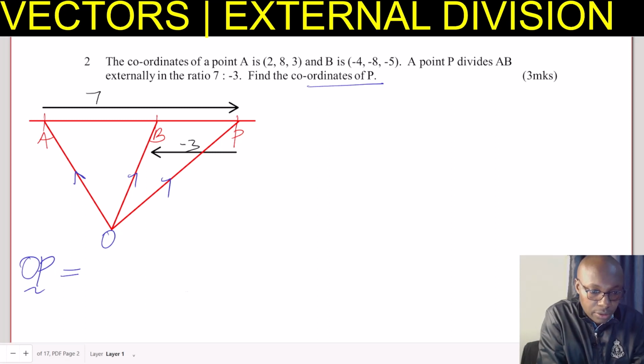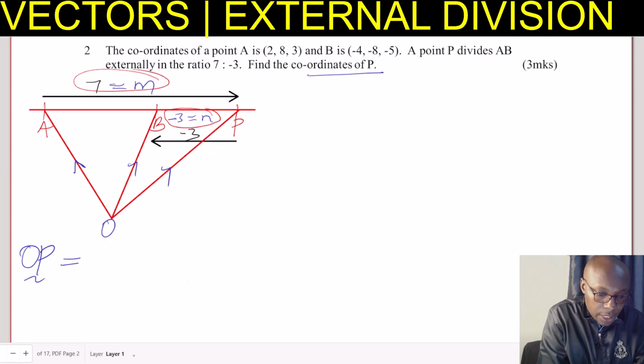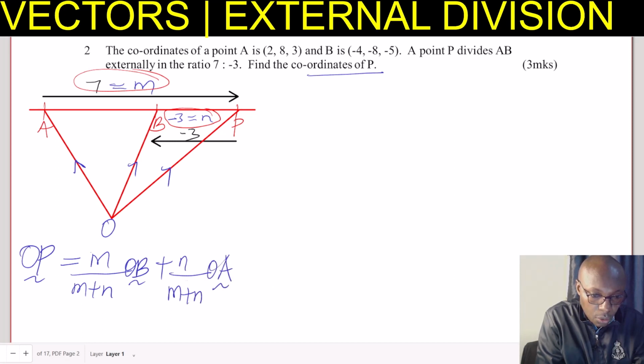We shall let this ratio 7 be M, and then we shall have -3 to be N. So that will be 7 is equals to M, then -3 is equals to N. So this is now the ratio theorem, that if you want to get OP using the ratio theorem, looking at that diagram there, you get it by M divided by M plus N multiplied by vector OB plus N divided by M plus N multiplied by vector OA.